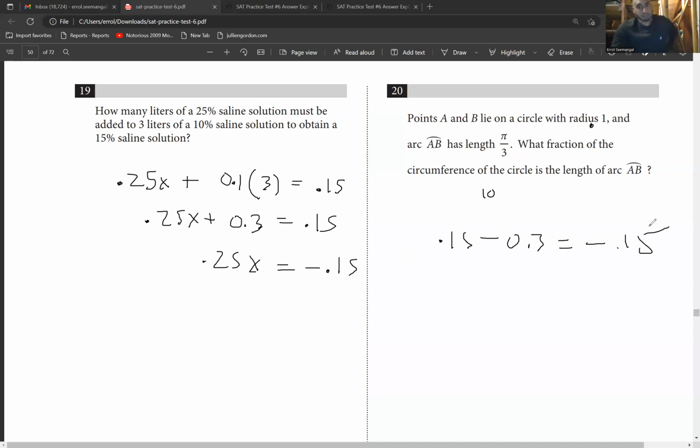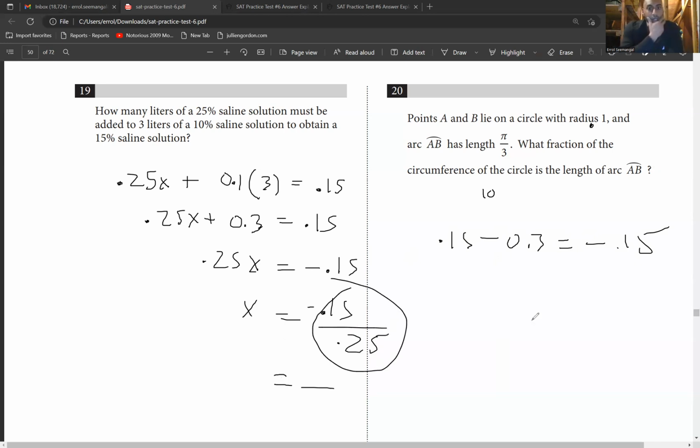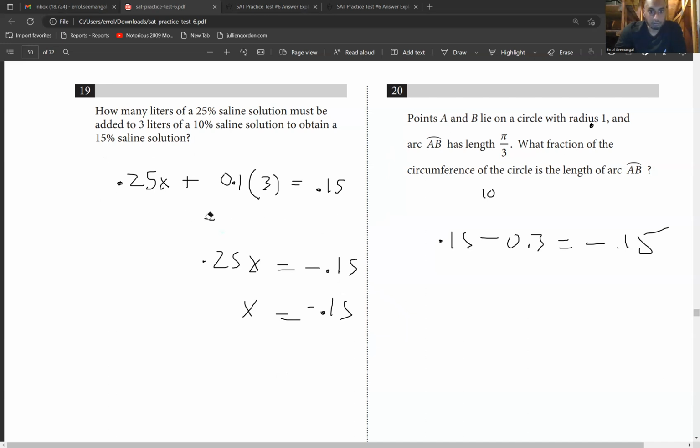Does that make sense? No. It doesn't make sense. x equals 0.15 over point whatever this works out to be, negative something. So that means that this is wrong. Okay. Our first equation is wrong.